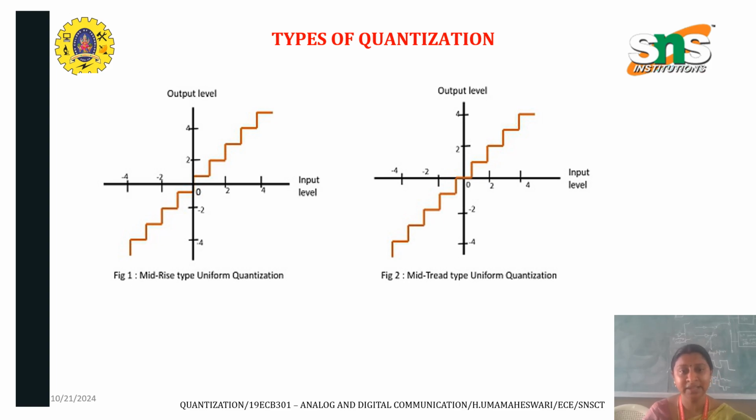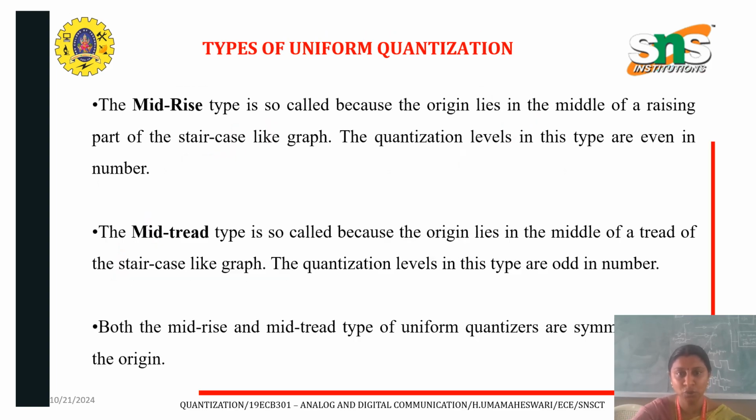This is the representation of a mid-rise type, and the other one is a mid-tread type, where the quantization levels are equal, but the only difference is the axis shown here. The mid-rise type is so called because the origin lies in the middle of a rising part of the staircase. So the quantization levels in this type are even in number.